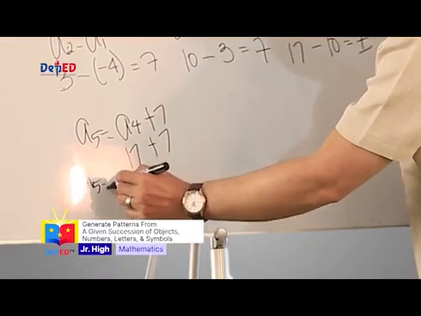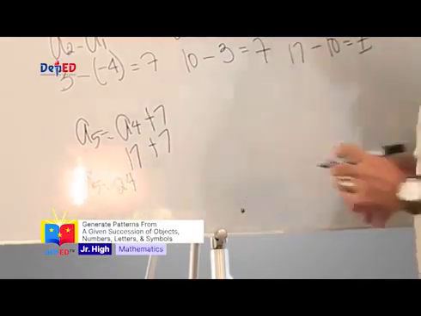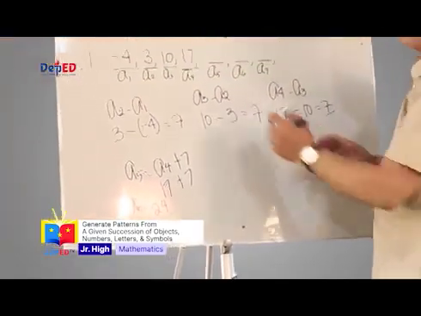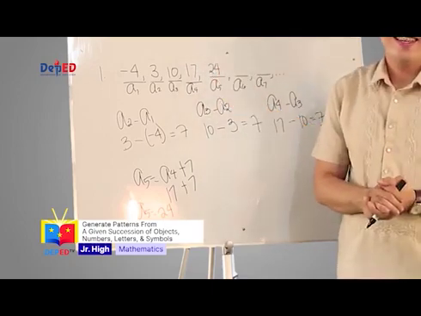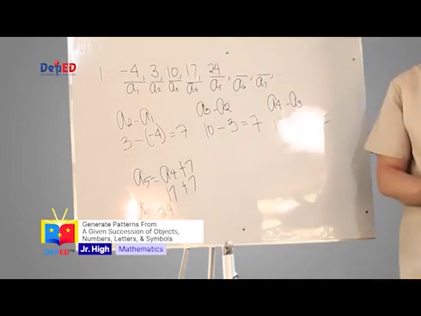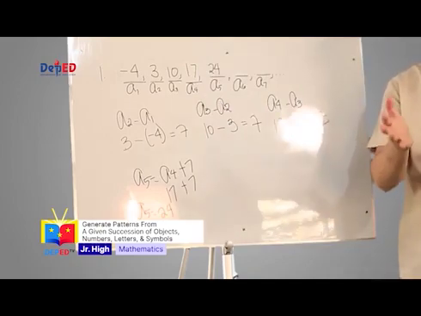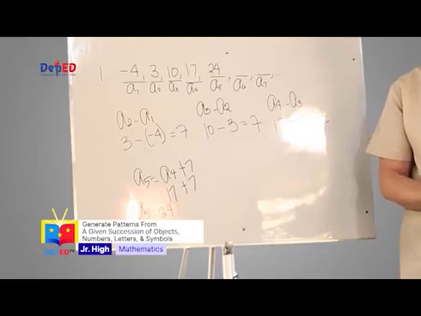The fifth term will now be equal to 24. What do you think the sixth and seventh terms will be? Go ahead and make a try. I'll give you 10 seconds.